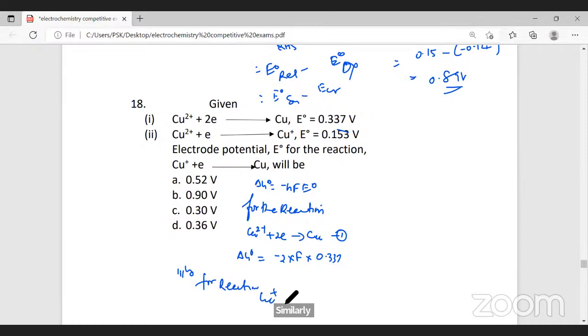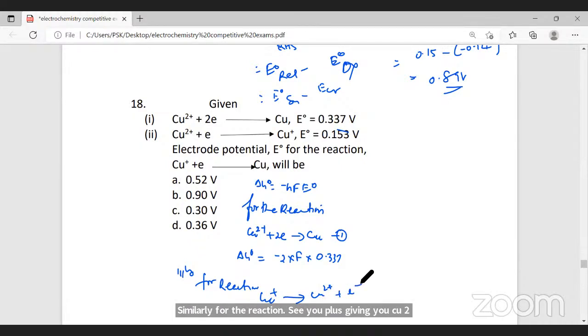Similarly, for the reaction Cu+ giving you Cu2+ plus an electron, this is oxidation, again from +1 to +2. It is the second equation. Delta G naught is equal to minus 1 into F into minus 0.153 volt.